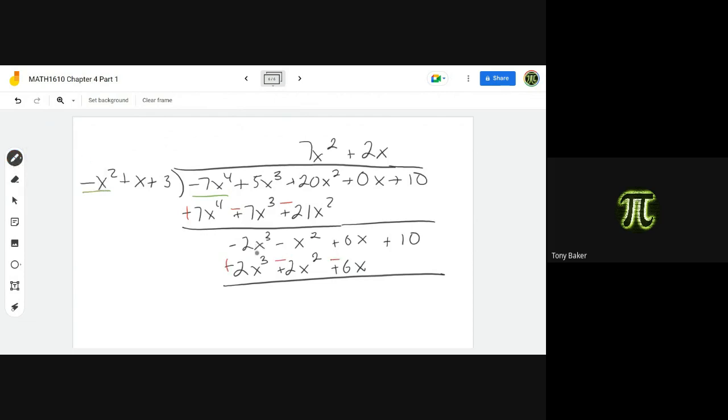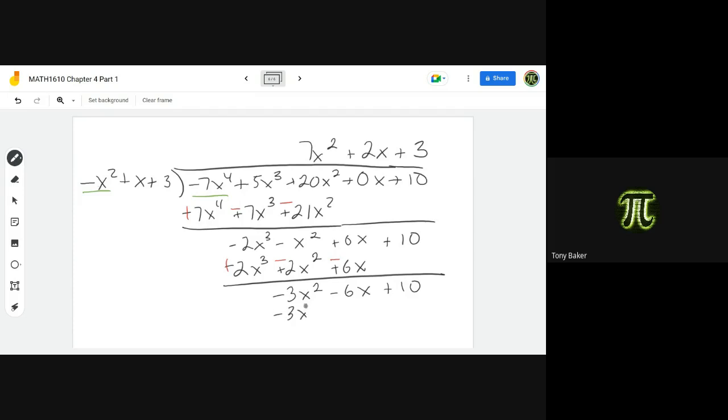And subtract or add. Negative 2x to the third plus 2x to the third is gone. Negative x squared minus 2x squared is negative 3x squared. 0x minus 6x is negative 6x. And bring down the 10. I still have a spot, so I'm not done yet. So this is going to be a 3, so plus 3.